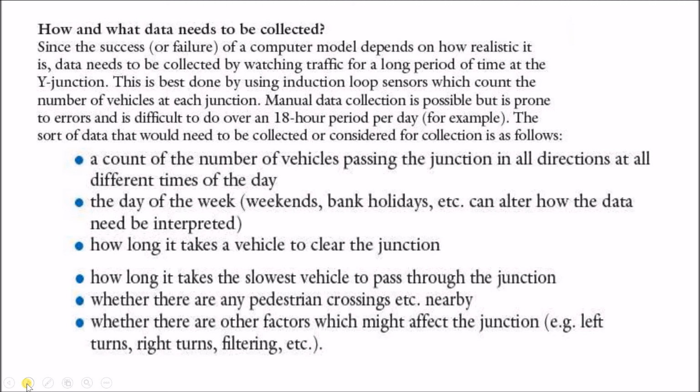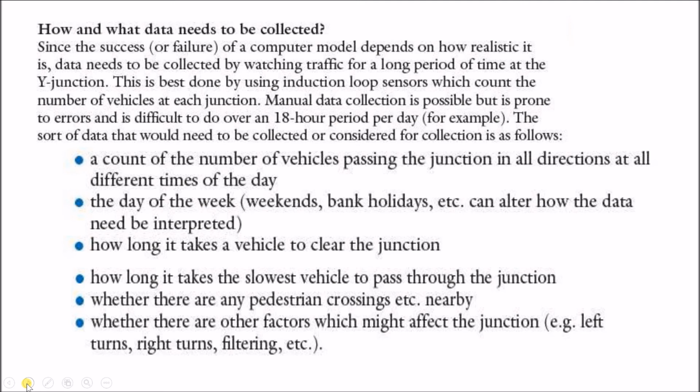I can tell that the sort of data that would need to be collected or considered for collection is the following: count of the number of vehicles passing the junction in all directions at all different times of the day, of the week, as weekdays, bank holidays, and so on. We have to think about them.